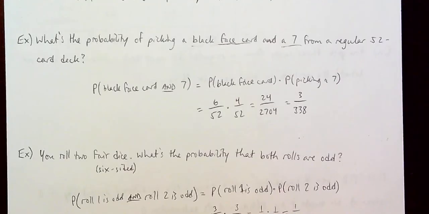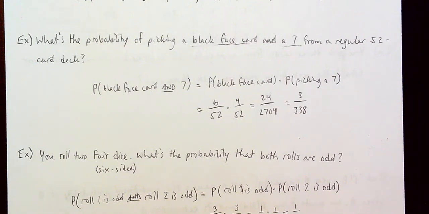So I want to go back to this question here. This first one, the probability that we picked a black face card and a 7 from a regular 52 card deck. And we were working under the assumption that we do replace the card once we've picked it, and then we make our next pick.